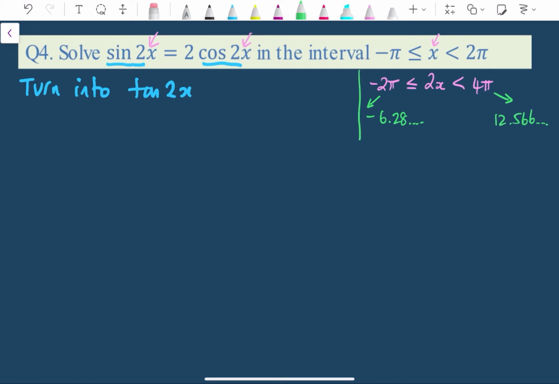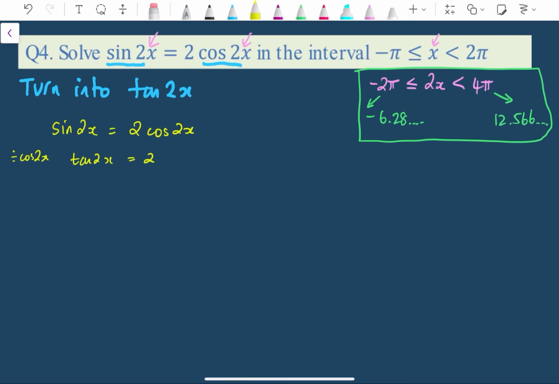That's just handy to know when you've found all your solutions. Okay, so now let's have a look at this. I have sine of 2x equaling 2 cos 2x. So I'm going to divide by cos 2x, and I will get tan of 2x equaling 2.